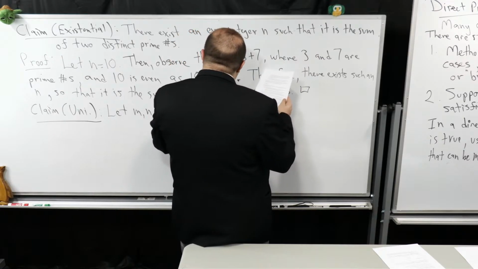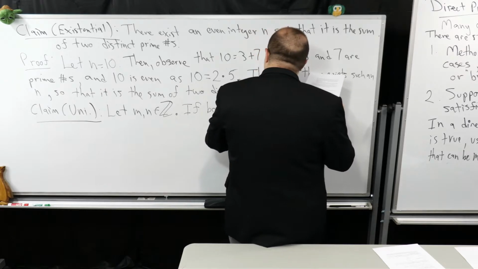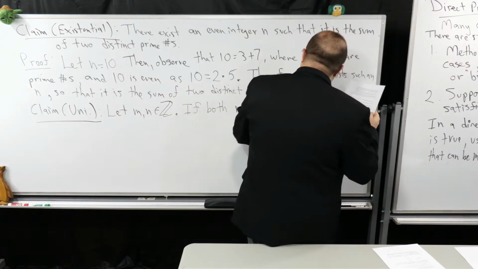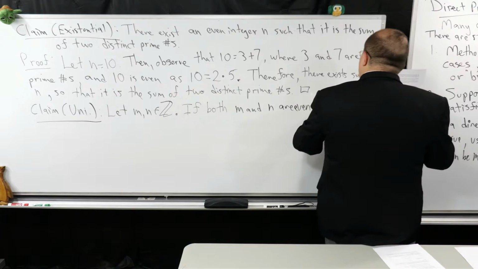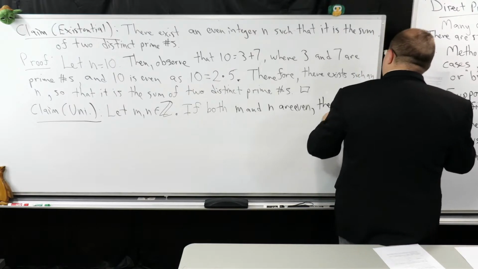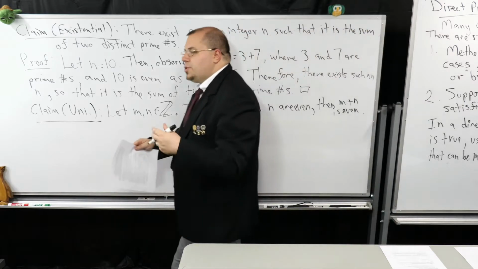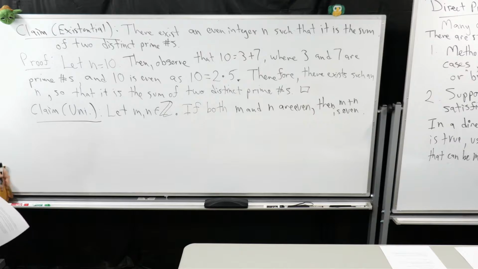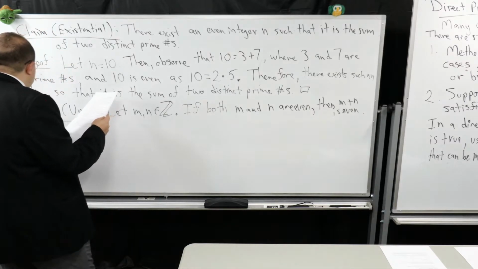If both m and n are even, then m plus n is even. So that's what we're going to prove. So if I give you 2 even integers, then the sum of them is also going to be even. That's what I'm going to prove for you.